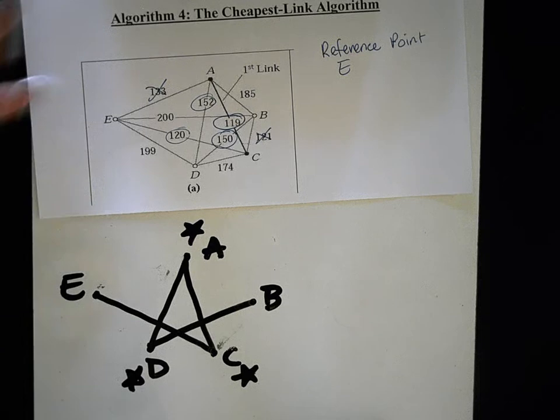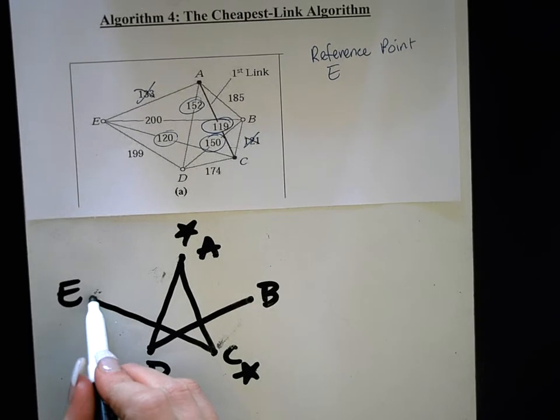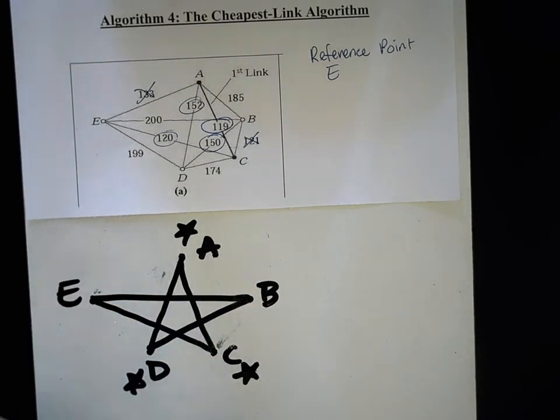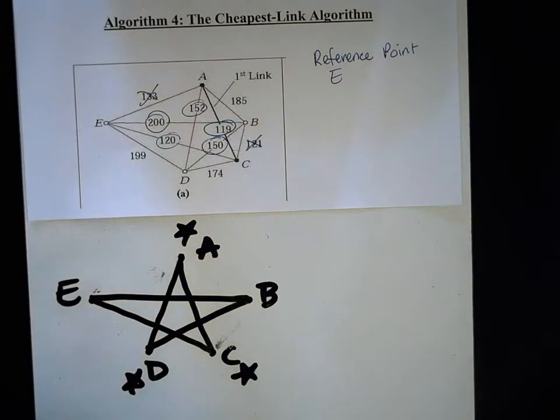And finally, it is time. There's only two vertices that are left open. Everything else is closed. We now know it's time to close the circuit, and that would be EB. So this is the Hamilton circuit using the cheapest link algorithm. The next thing is just to write the circuit.